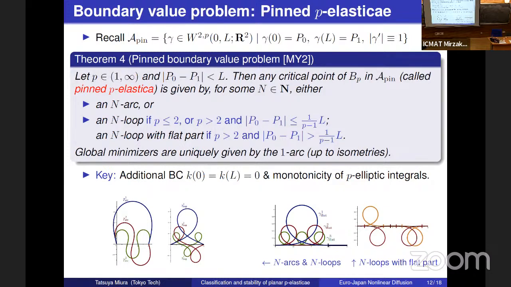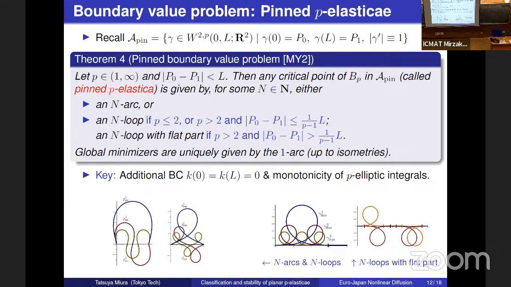How do we prove this? I just give one important comment: in order to classify those critical points, we use an additional boundary condition obtained as a natural boundary condition by computing the first order derivative of the energy. By computing this, we can additionally obtain the boundary condition that the curvature vanishes at the endpoints.